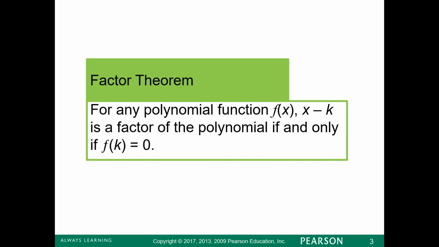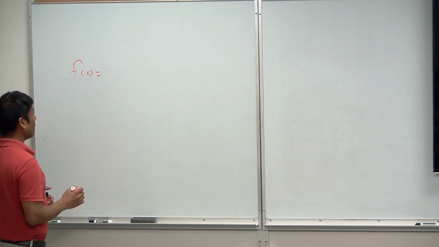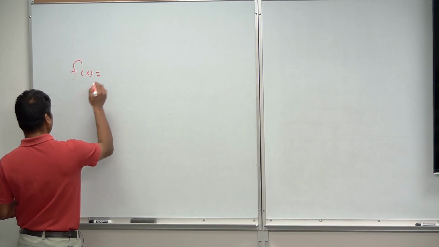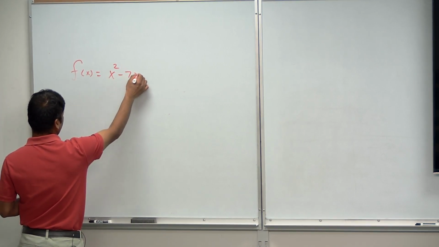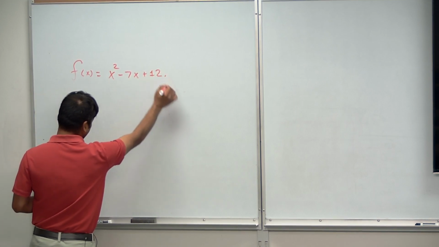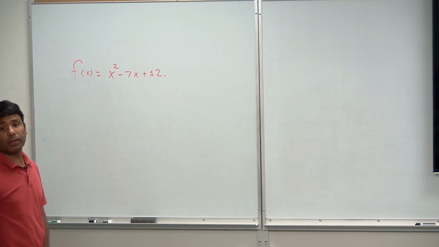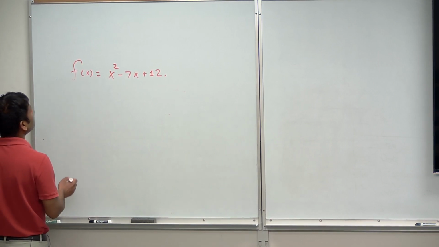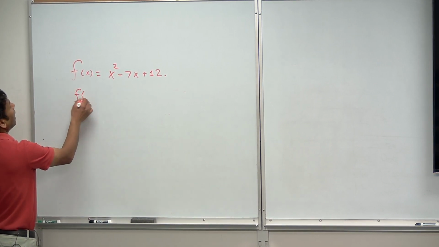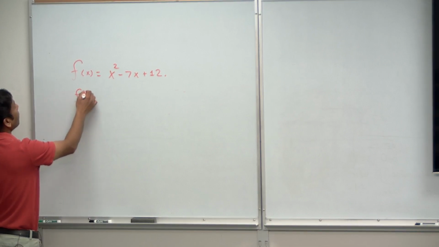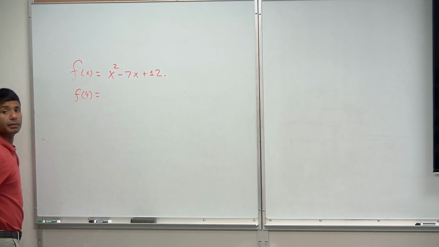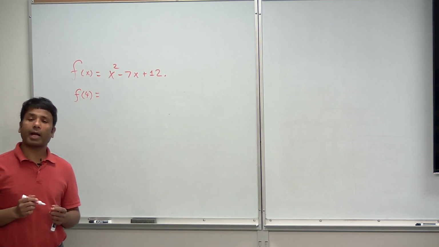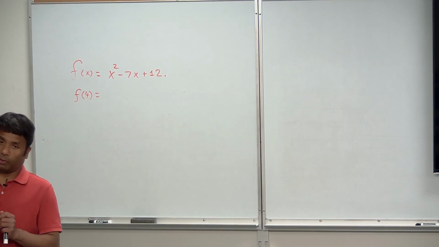Remember, let's say we have a function f(x) equals x squared minus 7x plus 12. So this is your function. Okay? And now I want to find out f(4). I want to find out f of 4.